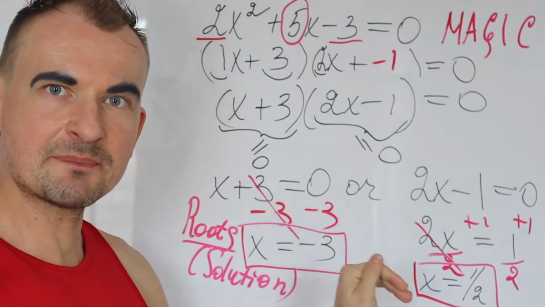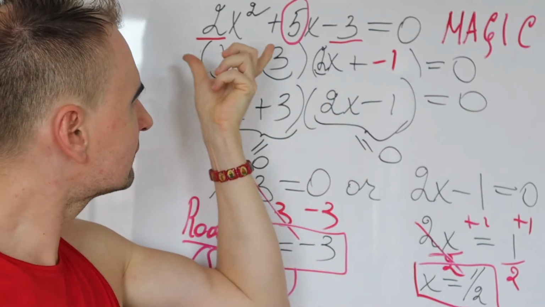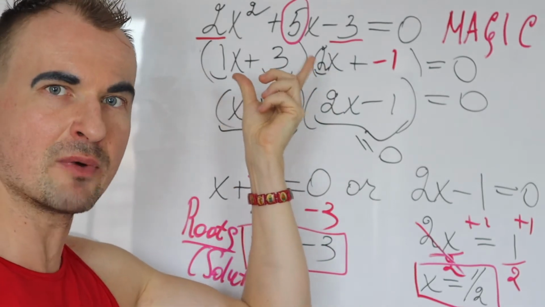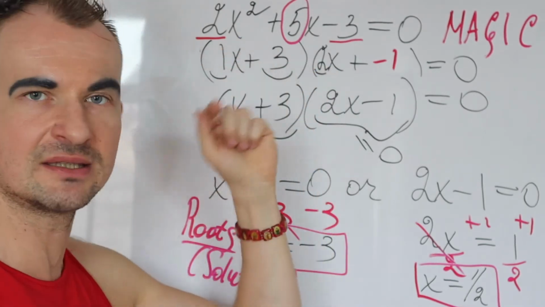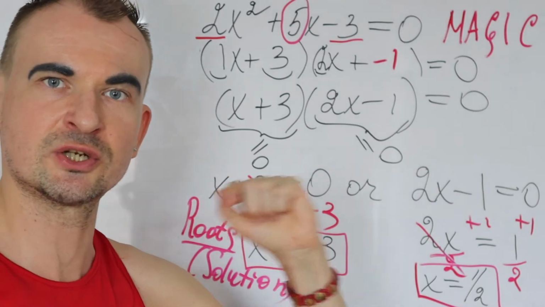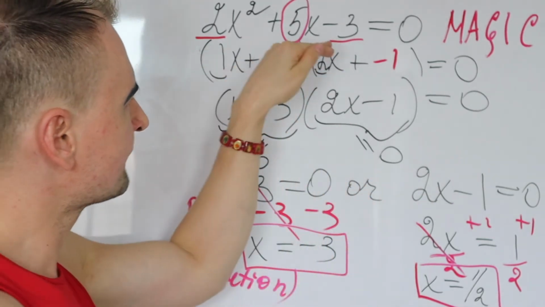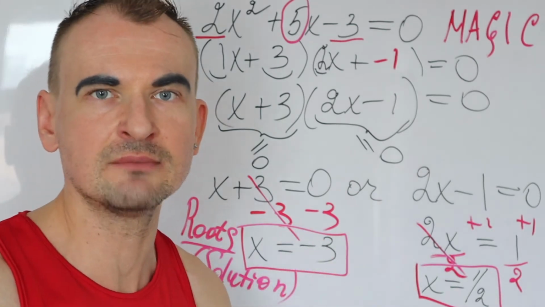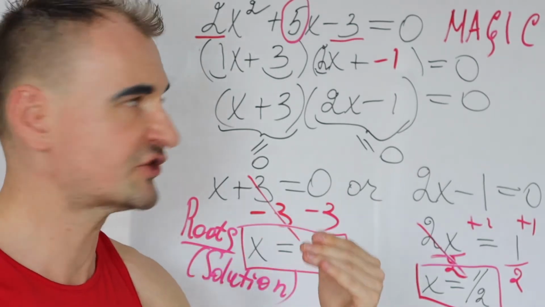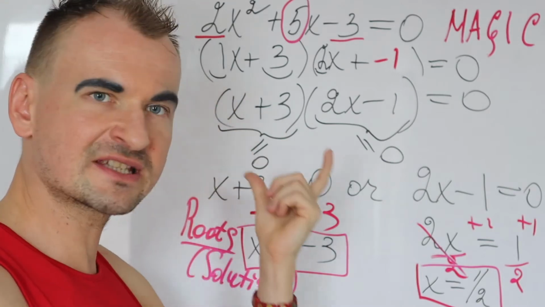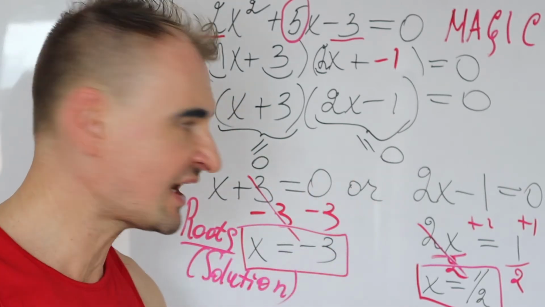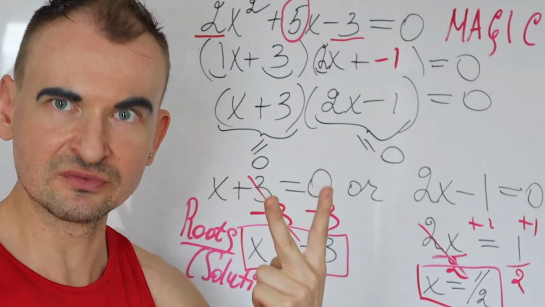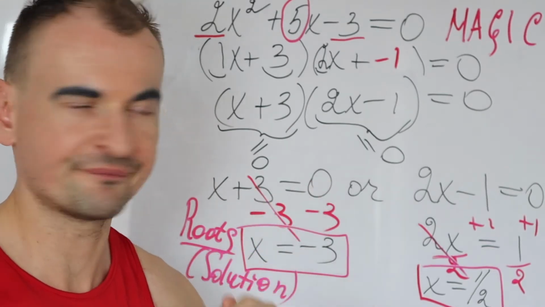Now, always keep in mind that because you have a quadratic, the greatest power of x that shows up in your quadratic is 2. That's what the name implies. Because it's quadratic, you have to come up with 2 solutions or 2 roots.